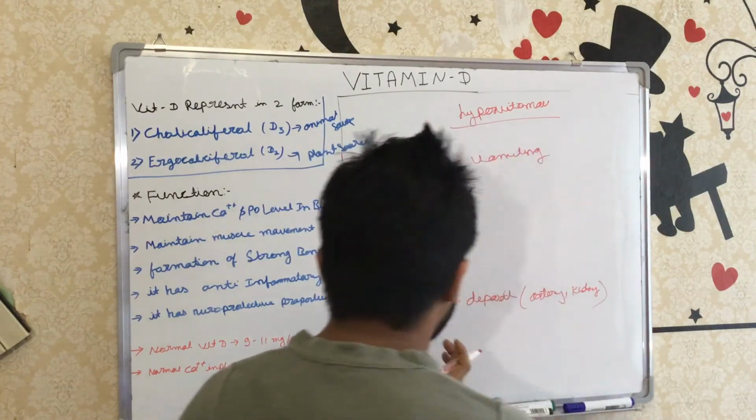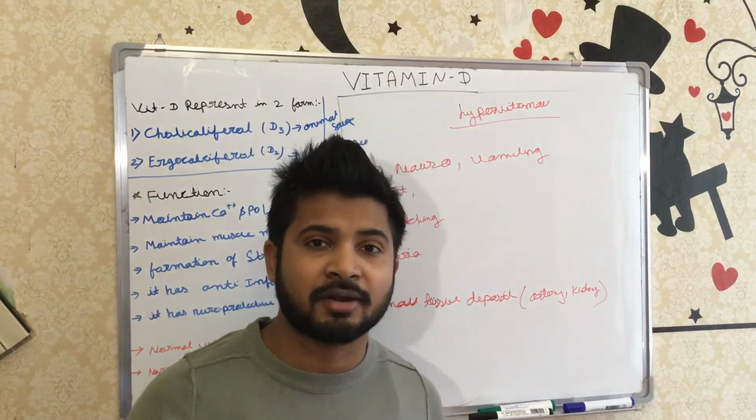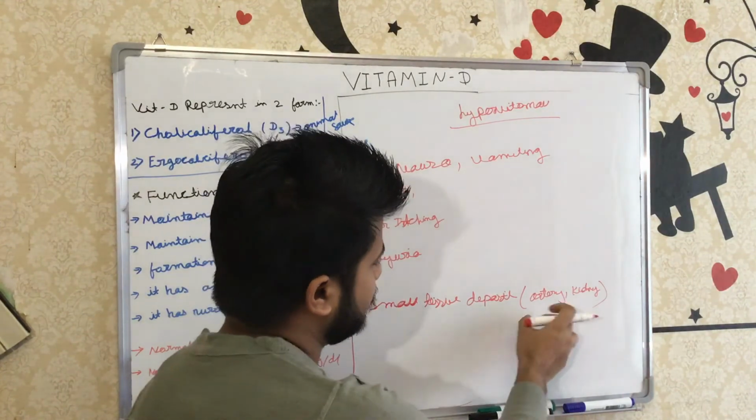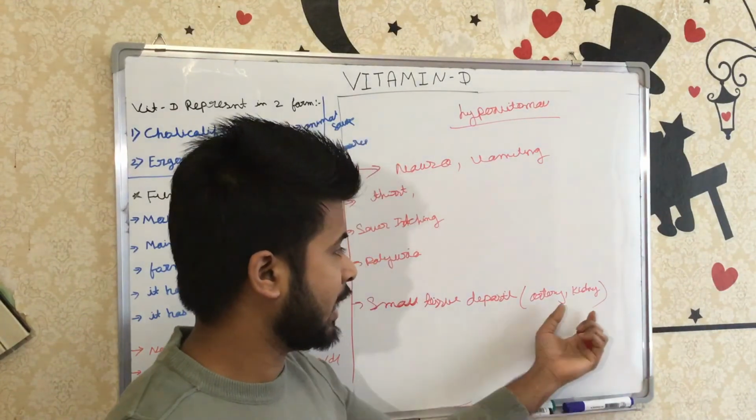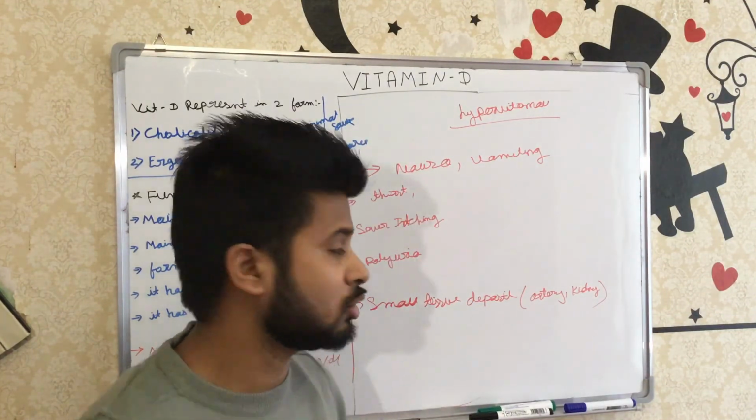Due to the calcium deposit, it becomes very hard. So hardening of the artery, we can say, and in the kidney, in the renal calyces, it can lead to stone formation.